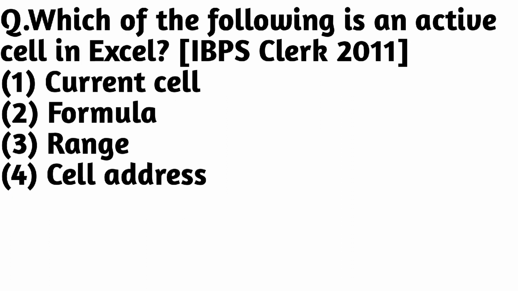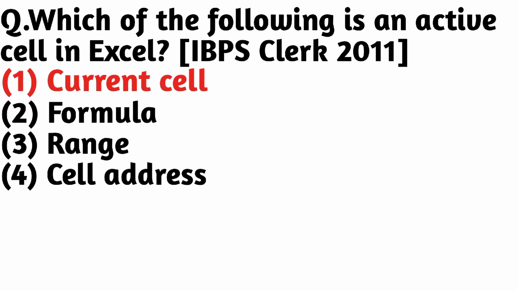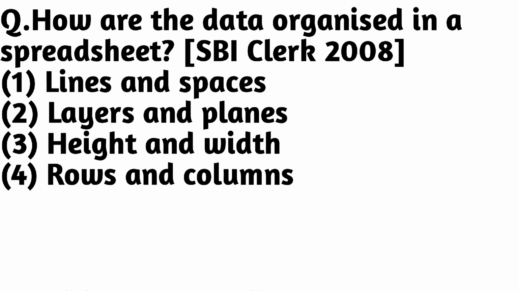Next question, which of the following is an active cell in Excel? Option 1 current cell, 2 formula, 3 range and 4 cell address. The correct answer is option 1 current cell. Next question, how are the data organized in a spreadsheet?